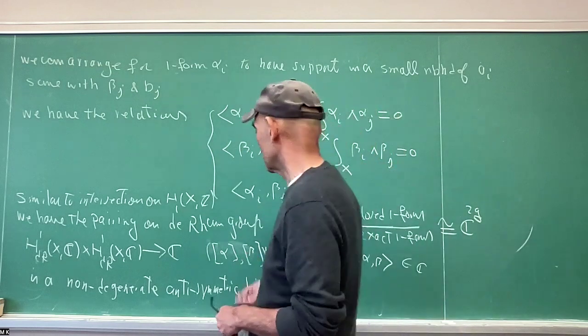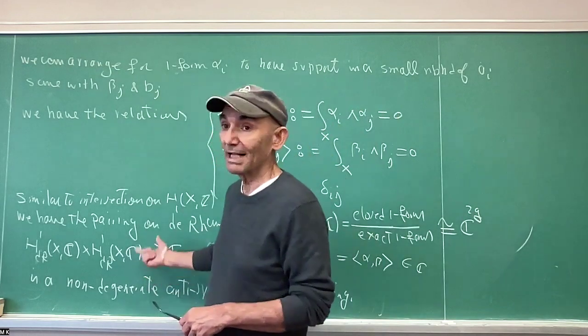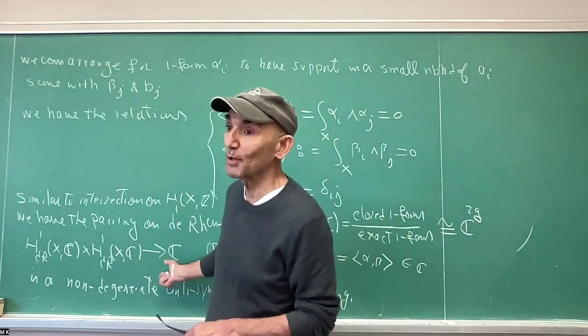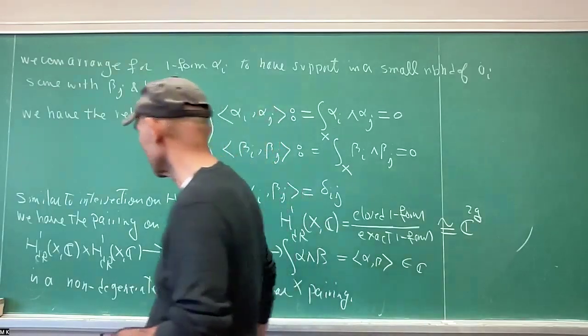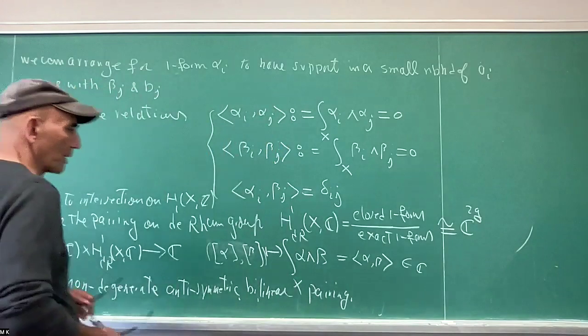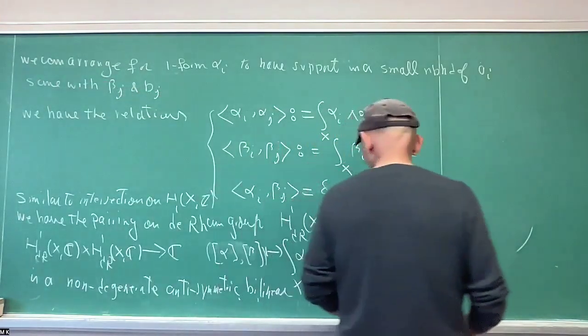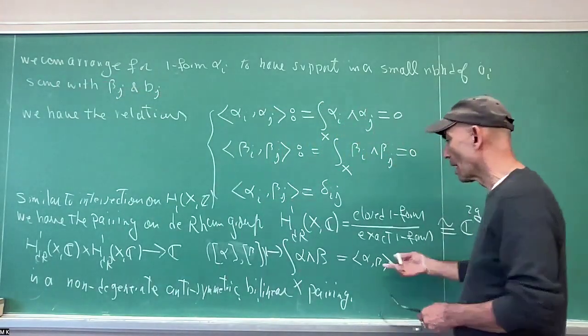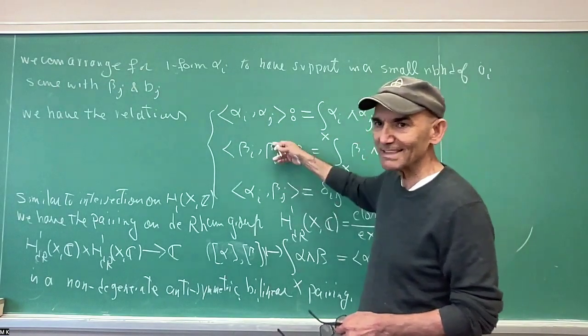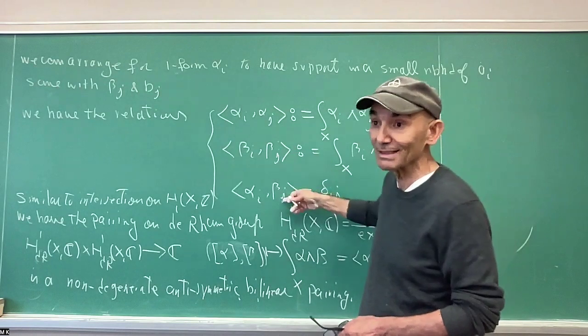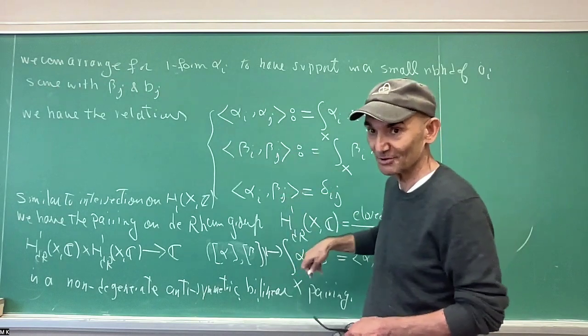So this is antisymmetric. Basically, if it is non-degenerate and antisymmetric, it means that this is really a complex symplectic vector space of complex dimension 2G. And what these relations tell us is that this is really an honest to God symplectic basis for this symplectic vector space.